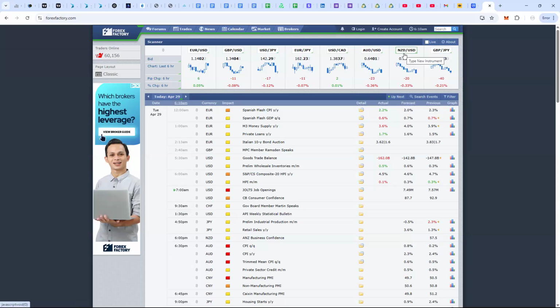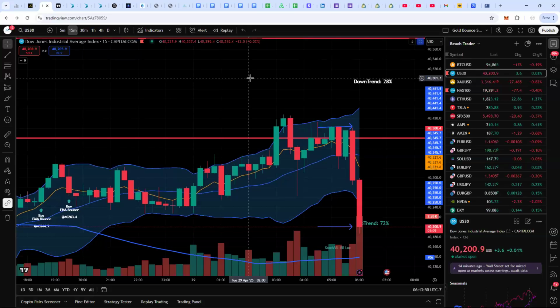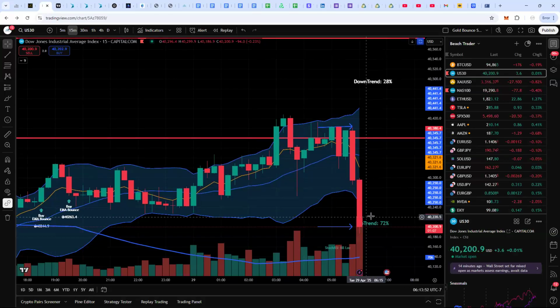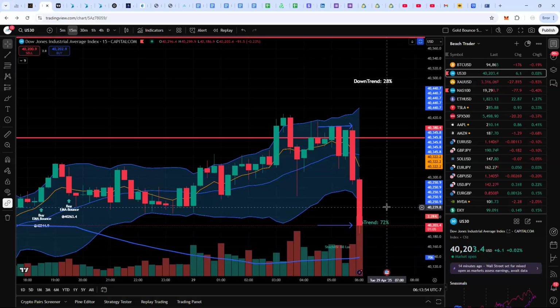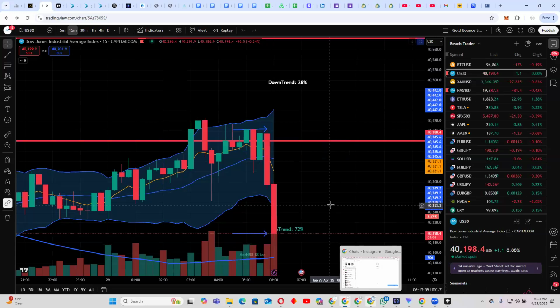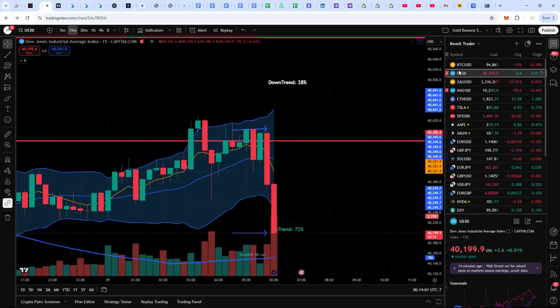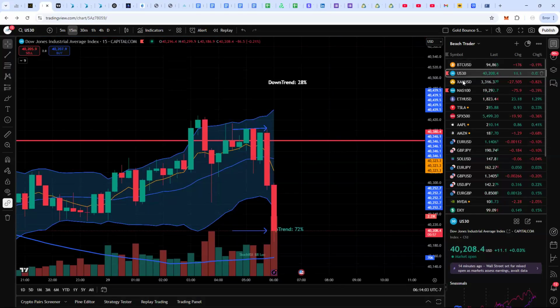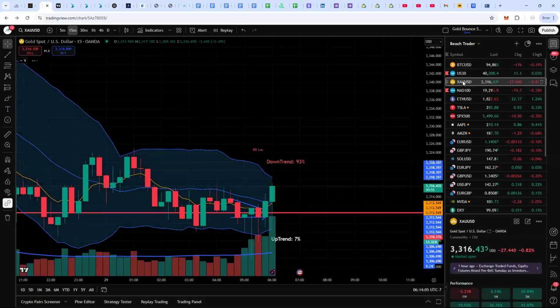And it's beating New Zealand really good. So it's winning a couple, losing a couple. And look at this, US30 just tanking right now before the market opens. And gold is going up, up, up and away.